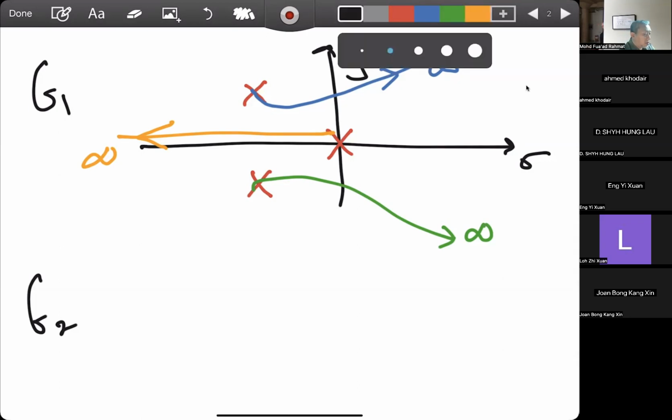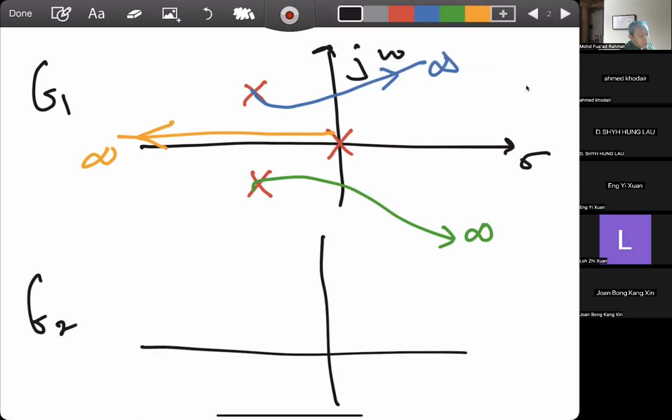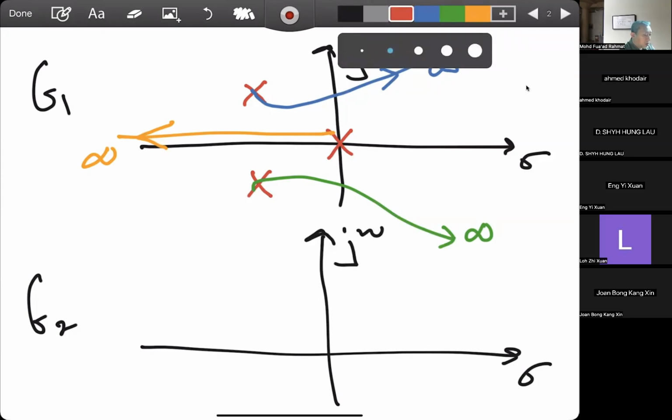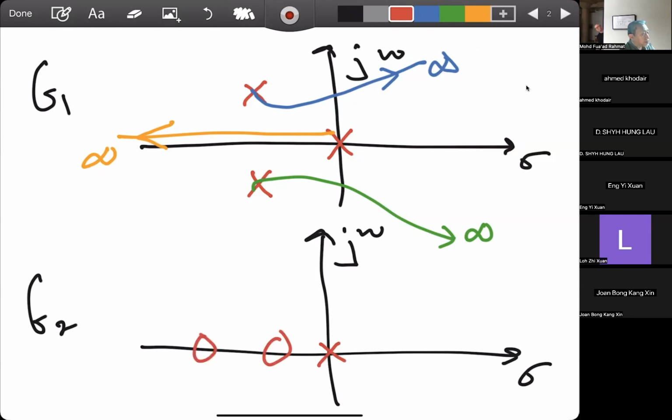And then for G2, we label the locations. We have a pole at the origin, and then we have 2 open loop zeros.